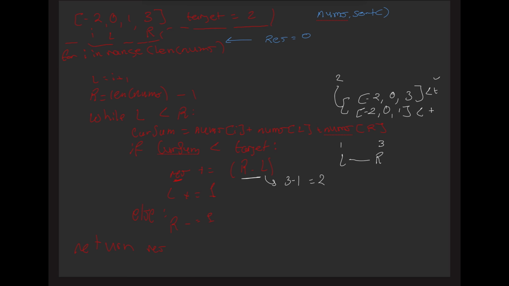So the time complexity of this algorithm will be big O of n squared, because we have a for loop and a while loop together. Now you would say, oh, well, we have a sort call out here, right?